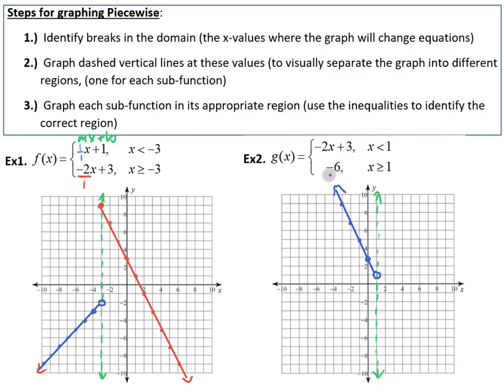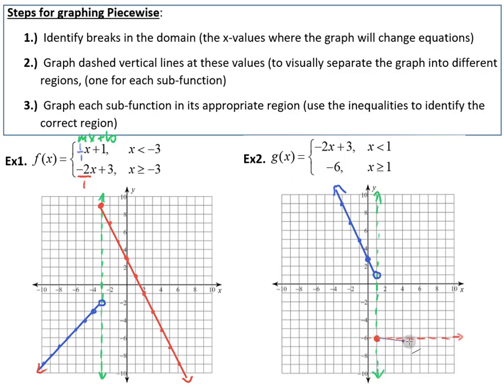Let's graph our second one, and now we're finally graphing our first constant function. This is really just, remember, y equals -6. So in fact, this is a horizontal line where y is always -6, but we only want this line for values of x that are greater than or equal to -1.